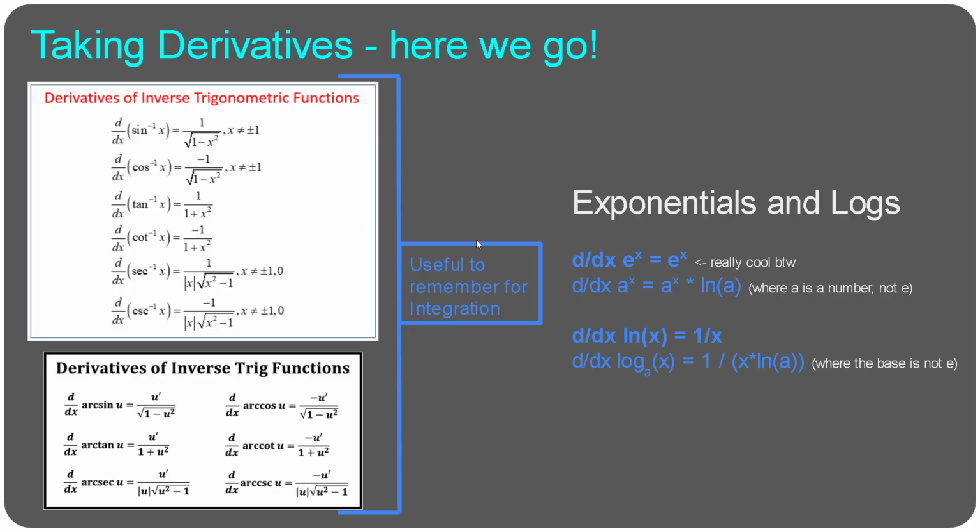They're all useful for integration. They're all very useful in general. Natural log is 1 over x. And then the derivative of a log with a base that is not e, so not the natural log, is equal to 1 divided by x times the natural log of a, so the natural log of the base.